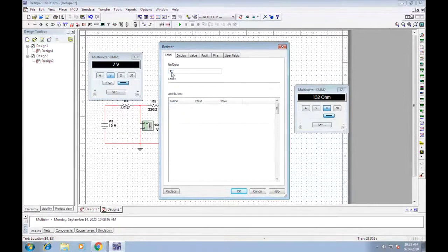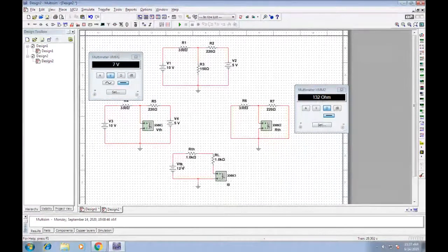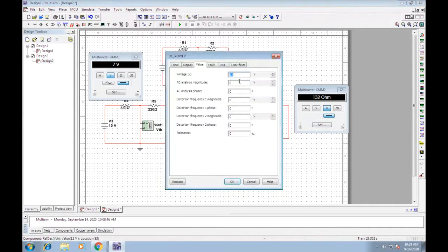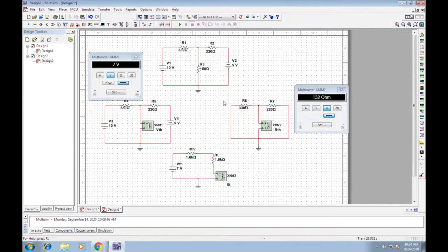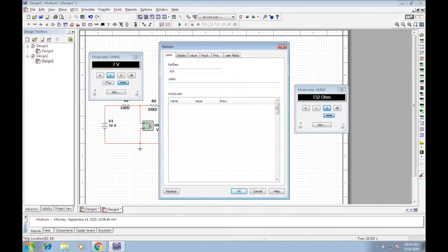So this VThevenin value should be equal to whatever you have got in the second circuit. Double click this, make this value 7. If you got 8, make this value 8. RThevenin, what value have you got for the equivalent resistance in circuit 3? You should put the same value here.